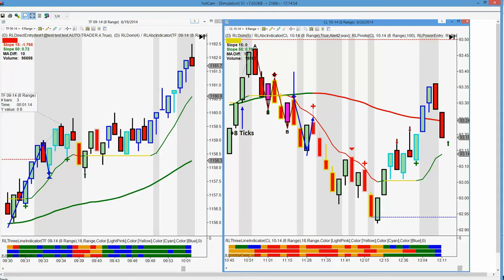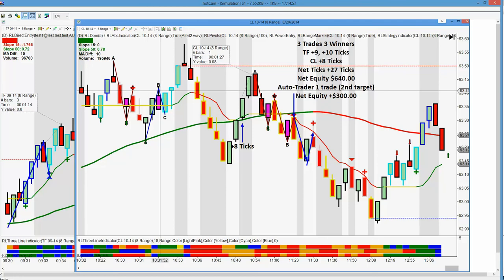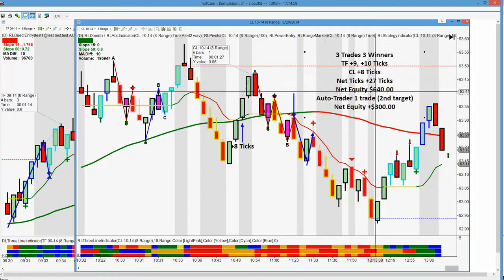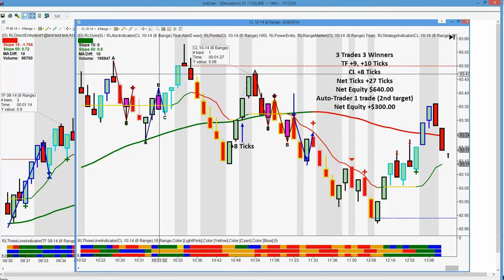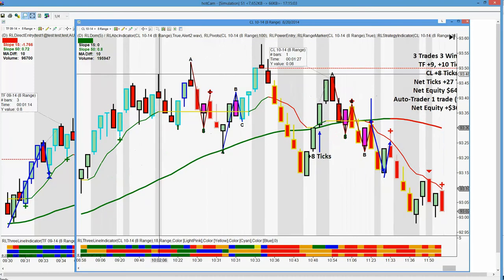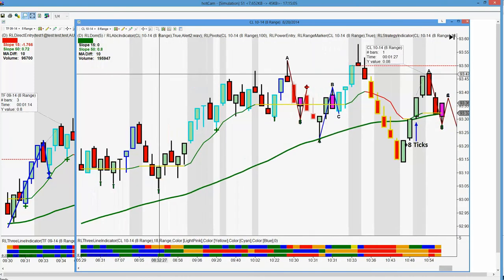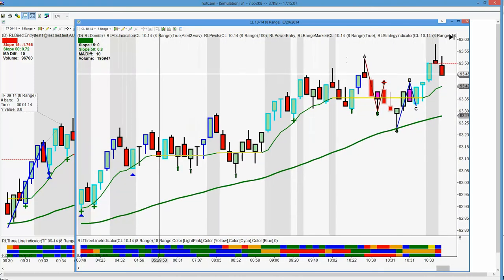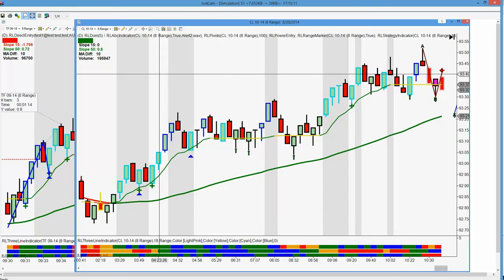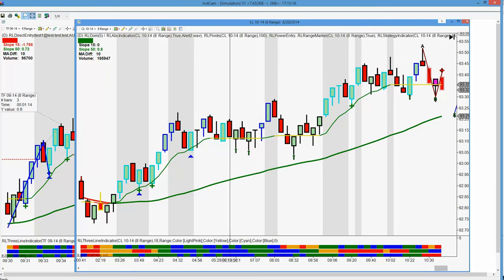Same thing with crude. And I'll tell you, in the live trading room, we trade our software, and I see people in the room. 90% of the trades I take in the live trading room that don't work are my fault. It's because I try to press a trade. I try to extend myself out.